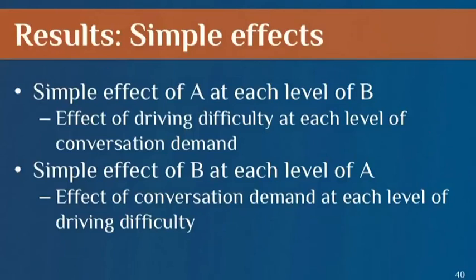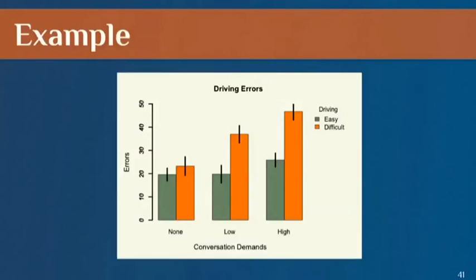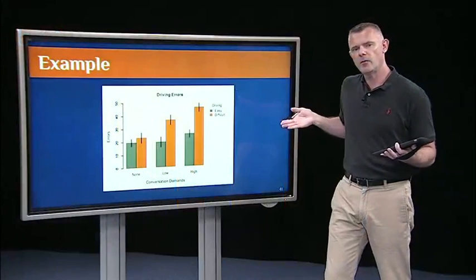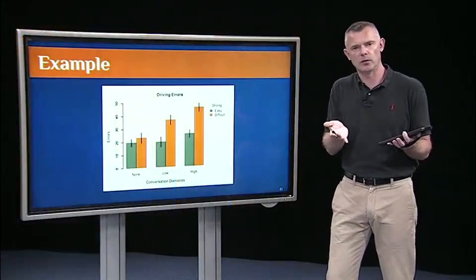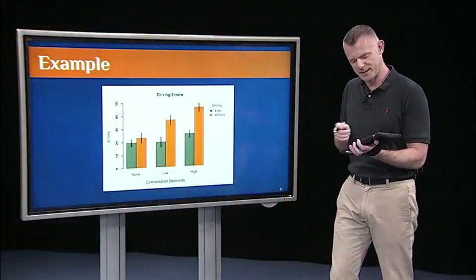So if I look at the output and I look at this bar plot, to me it makes most sense to do the simple effect of the driving difficulty at each level of conversation demand. That way I can just do a series of t-tests. So that's a really simple effects analysis.